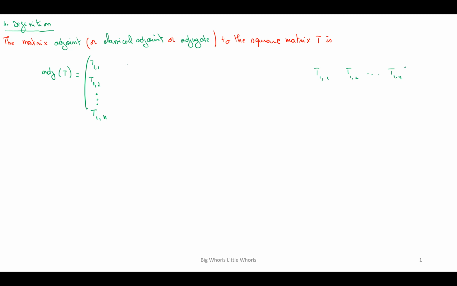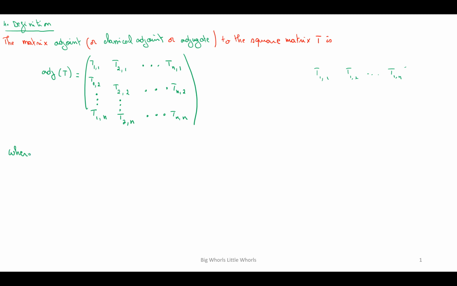Okay, so T21, T22, T2n, Tn1, Tn2, and Tnn. So basically, to find the adjoint of a matrix, you just find the cofactors, and you remember to write them in column wise instead of row wise. Okay, we'll do some examples shortly.